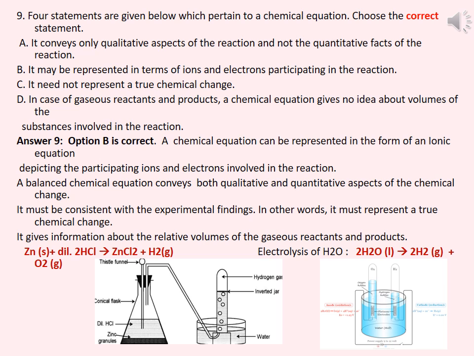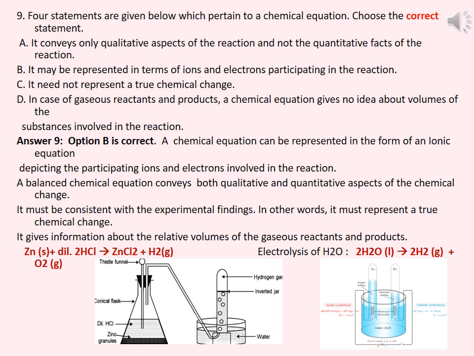So, quantitative facts relate to number of moles or number of gram atoms or volumes, even volumes of gaseous reactants and products. The information is given under quantitative aspects of a chemical reaction. So, the first statement is not correct.